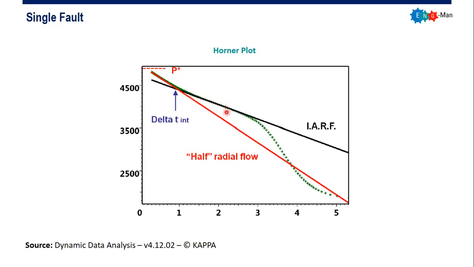After that, we will have half radial flow with twice the slope here. This second radial flow will be used to obtain our P star. So this is the Horner plot.